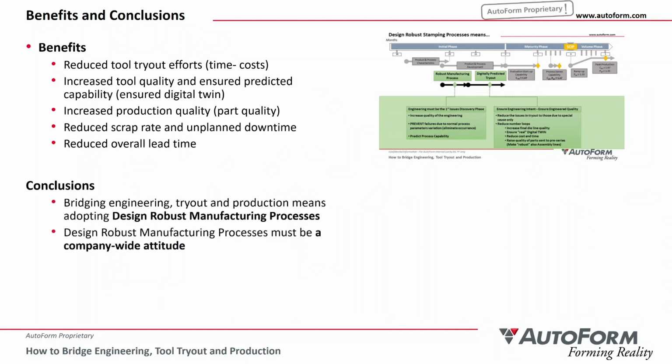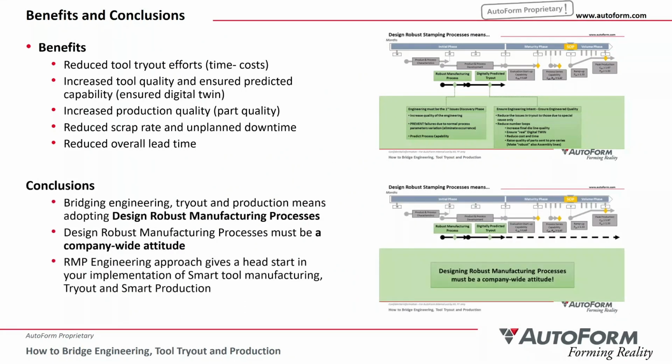But this doesn't come for free, let's put it that way. Bridging engineering, tryout and production means that you have to embrace the design of a robust manufacturing process, which is and must be a company-wide attitude. You cannot apply it just spot-like. This is the only way that you can have a head start in implementing smart manufacturing, smart production.